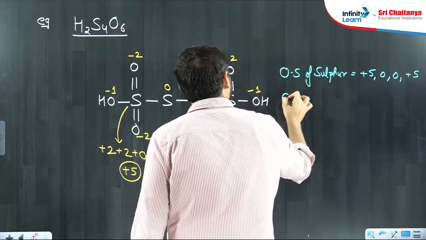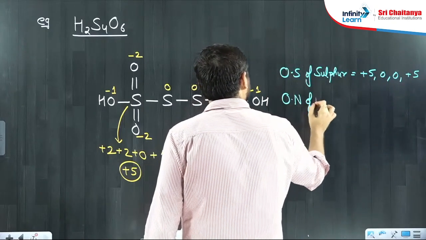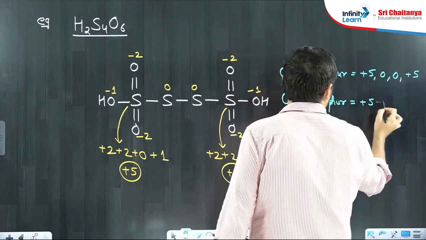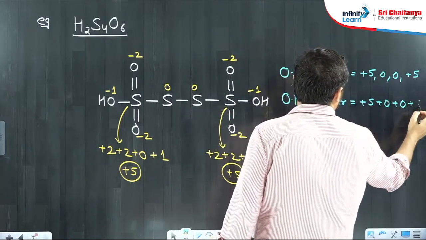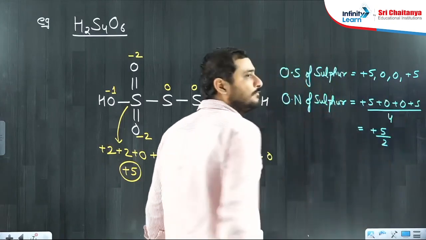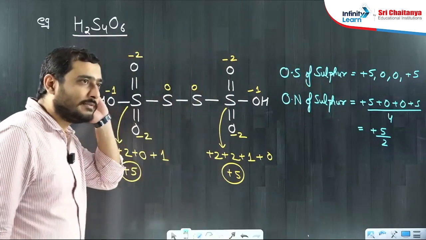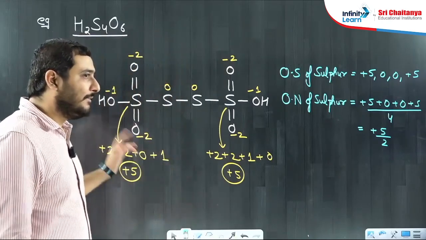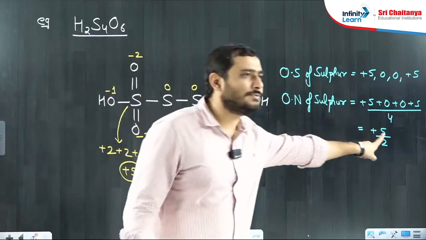And if they ask what the average is, the average is (+5, 0, 0, +5) divided by 4. What do you get? 10 by 4, that is 2.5, or 5 by 2. So if they ask for the average of oxidation state, the answer is 5 by 2.